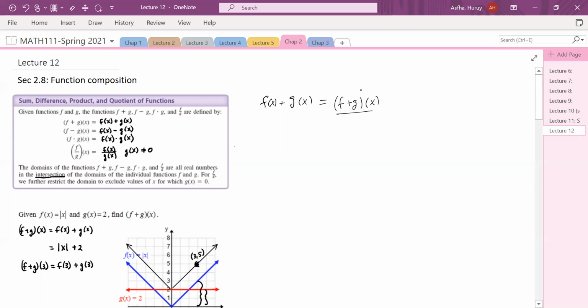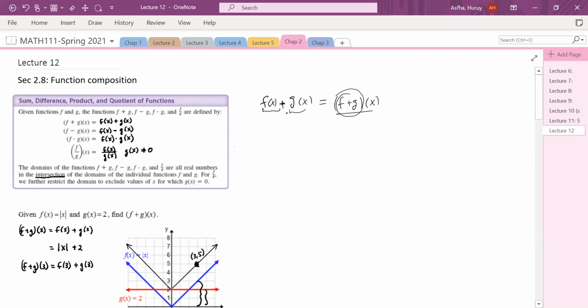Now you may wonder, what does this mean? What do I mean when I write it this way? Well, here we have the individual functions f and g, and we're adding them up. First you add the two functions and you evaluate at x.